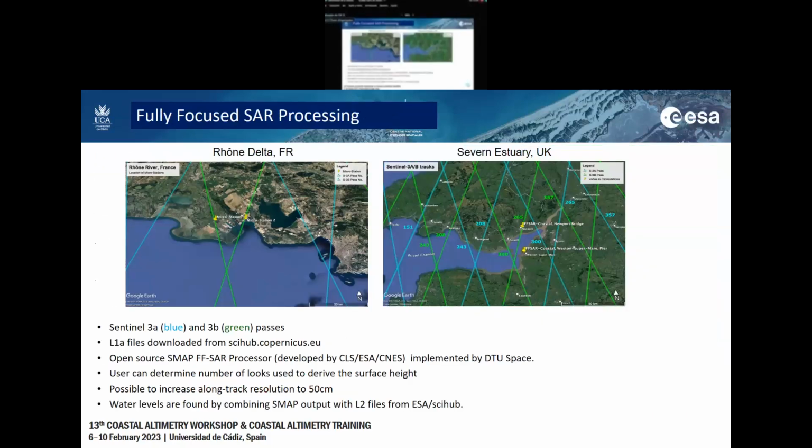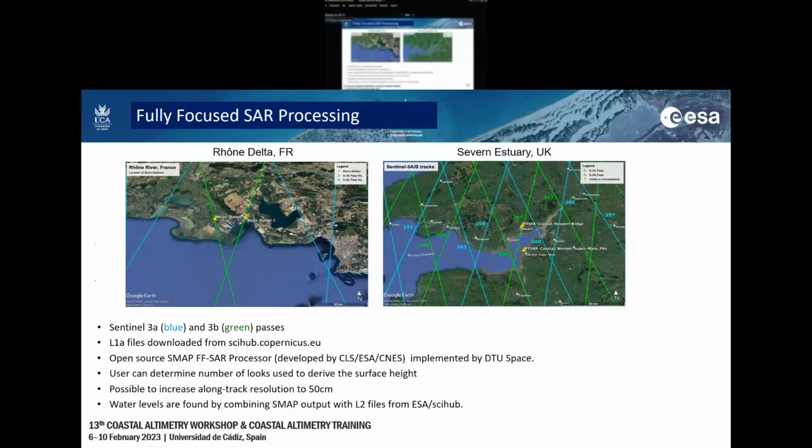So here you can see the two areas, on the left the Rhone Delta and on the right the Severn Estuary. The Severn Estuary is a slightly larger area we're looking at. The Sentinel 3A and 3B passes, using again level 1A data from Copernicus and D2U space. So Heidi Randall and Karina Nielsen have implemented the SMAP fully focused SAR processor and started processing data for those two regions.